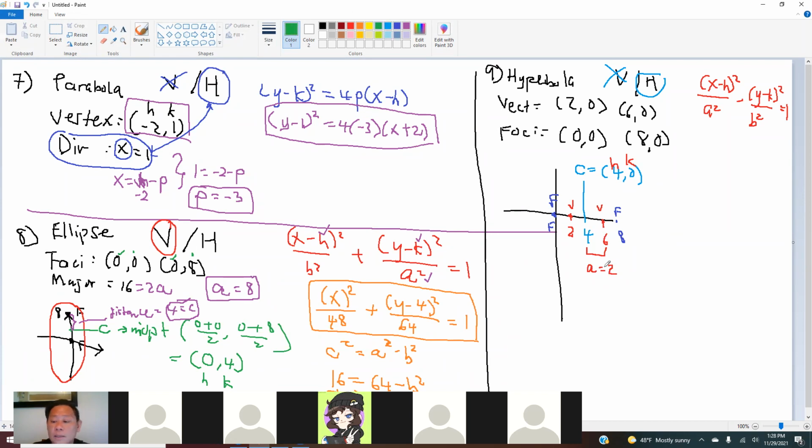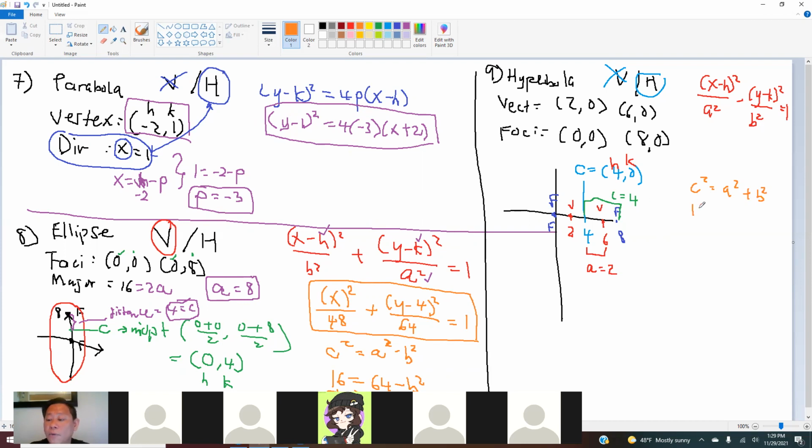The difference between your center and your foci is your c, and that is 4, because the difference between 4 and 8, or 4 and 0, is 4. So again, we got the a and c, so we need to find b here. We use a similar formula, but not a squared minus b squared. We will use c squared equals a squared plus b squared.